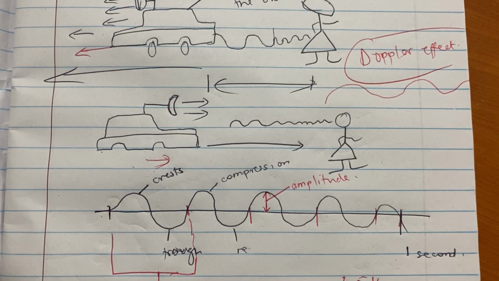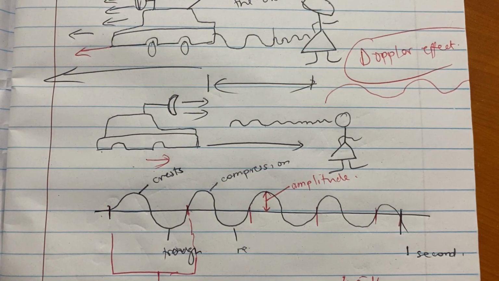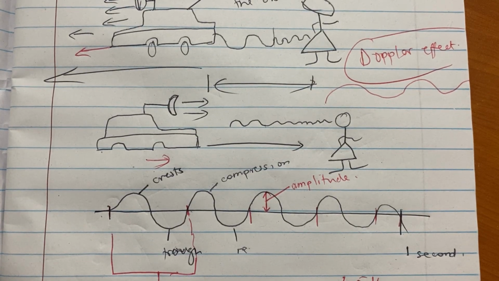The more it comes closer to you, the higher the sound you get, that is pitch. When it bypasses you, the pitch keeps on reducing until it fades, when it has gone so far away from you.